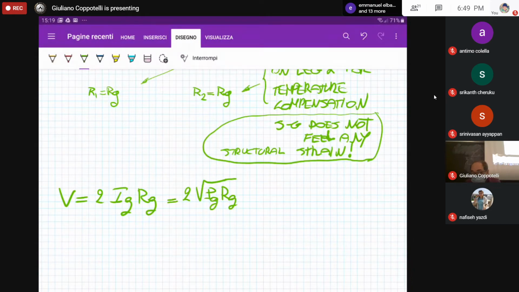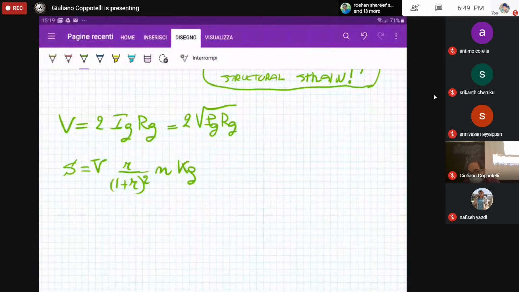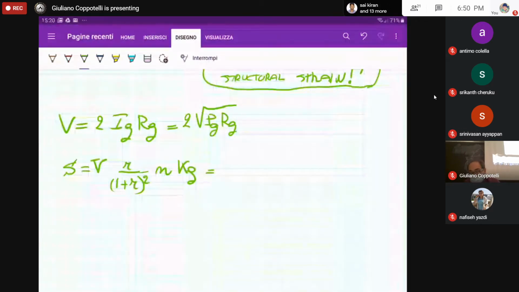So how about the sensitivity with this different configuration? The sensitivity, once again, is equal to V times R over (1 plus R) squared times the number of active legs times the strain gauge factor. But now, we already discussed that the input tension is not exceeding the tension that is giving us the maximum power that could be dissipated.